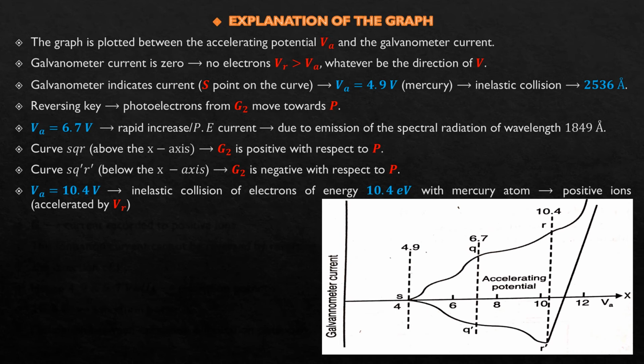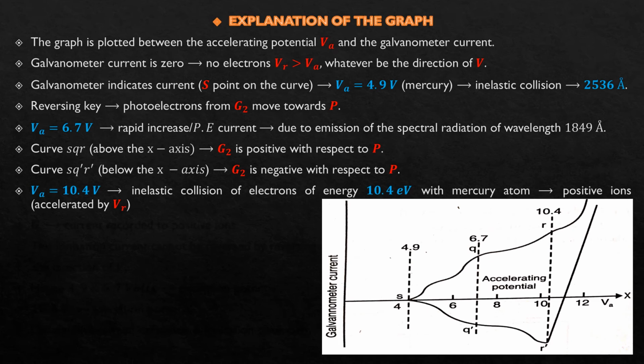Next, when VA approaches 10.4 volt, there is an abrupt change in the galvanometer current. The current, however, now does not get reversed as before when V is reversed.